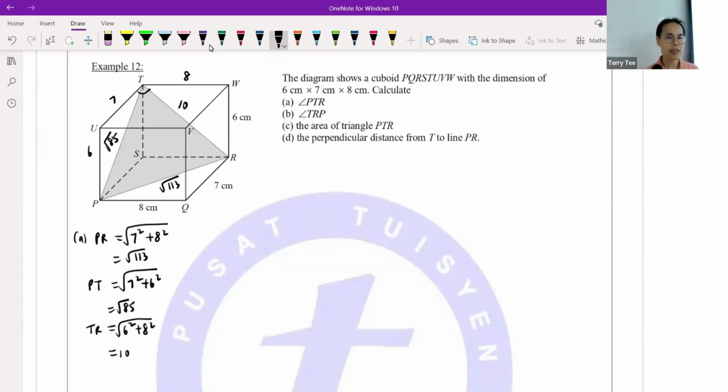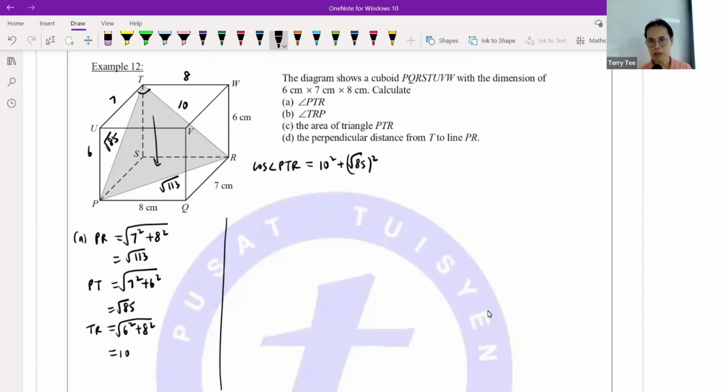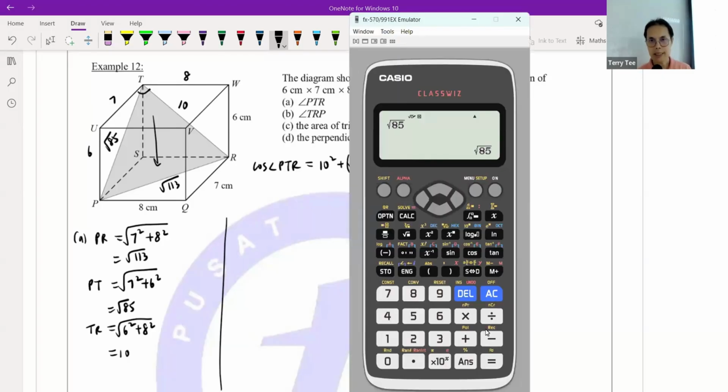Okay, so I've got this measurement already. I'm finding angle PTR. Now, this one we have to use cosine rule, the second version of cosine rule. The opposite side, your a is square root 113. The other two sides will be 10 and square root 85 in brackets, squared. Now, for me, don't change the decimal because I know some people take square root 85 and round off 9.21220, they put 9.22.